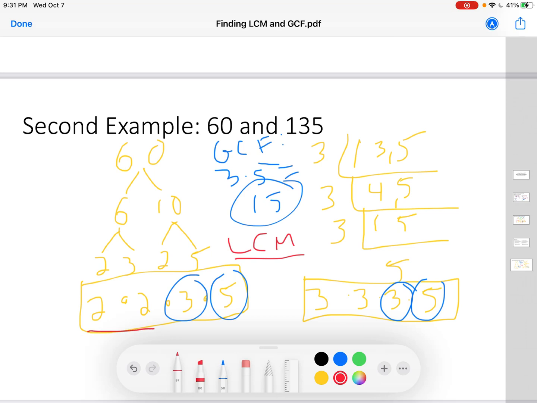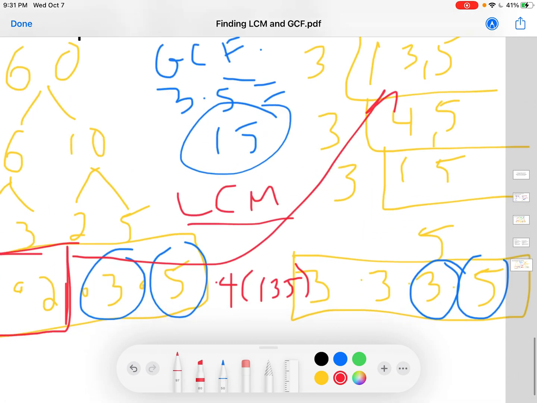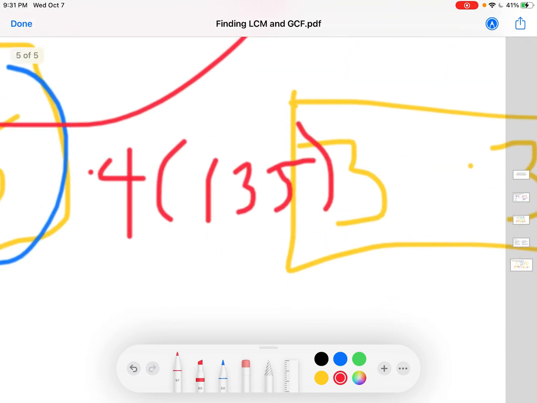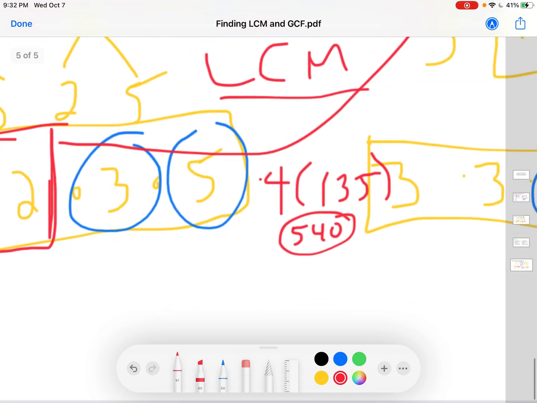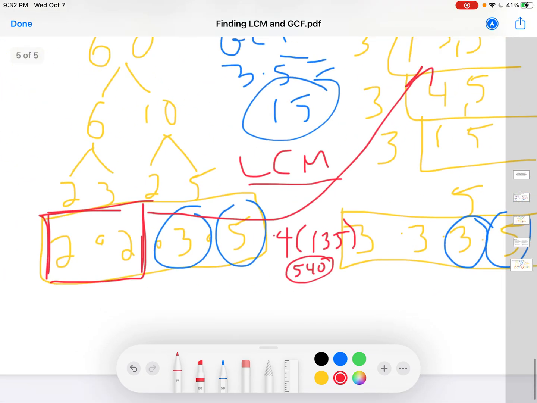What is uncommon here is 2 times 2. So I will multiply that by 135, which would be 4 times 135. That would be 400 plus 120 is 520 plus 20 is 540, is the least common multiple.